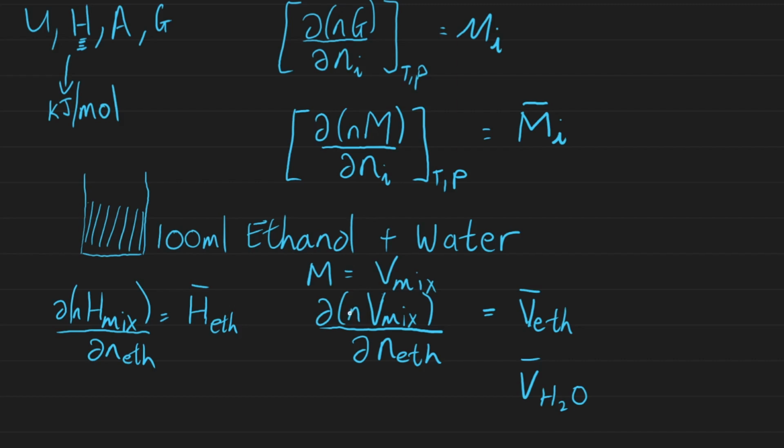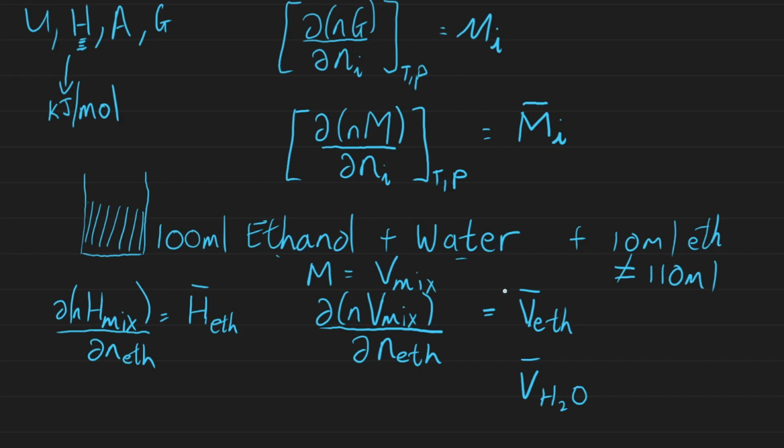The reason is that there are intermolecular forces between ethanol and water that physically affect the amount of space that these molecules occupy at a molecular level. So with 100 milliliters of ethanol plus water, and then adding 10 milliliters of pure ethanol, it does not mean that we will get 110 milliliters of this mixture.